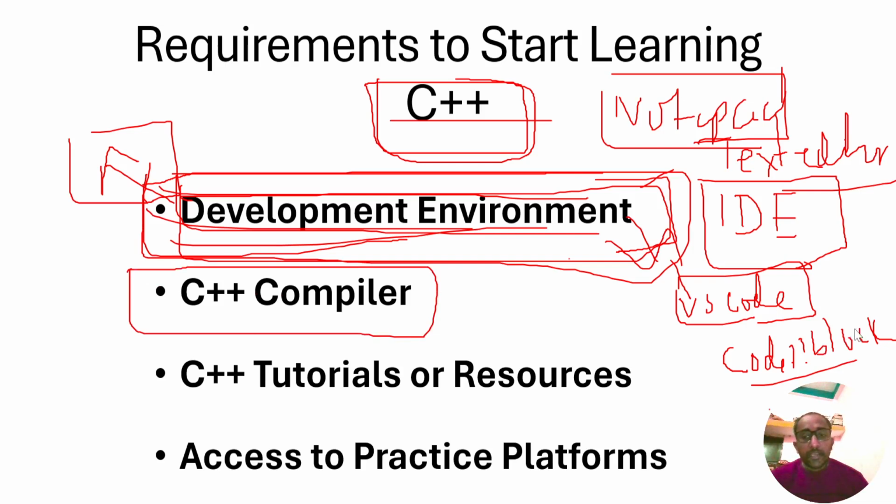A C++ compiler means our code will be converted into machine language. The compiler converts our code.